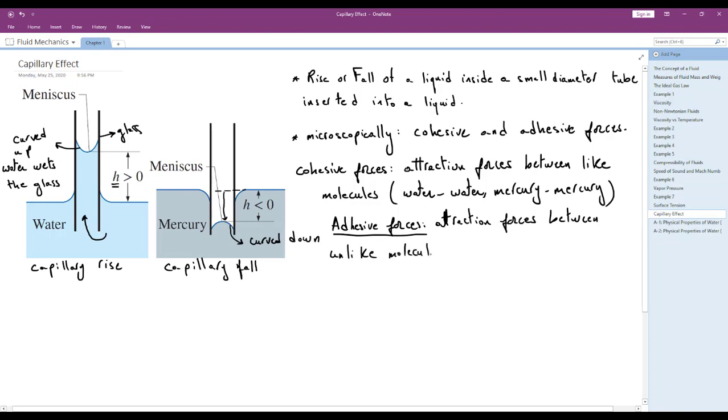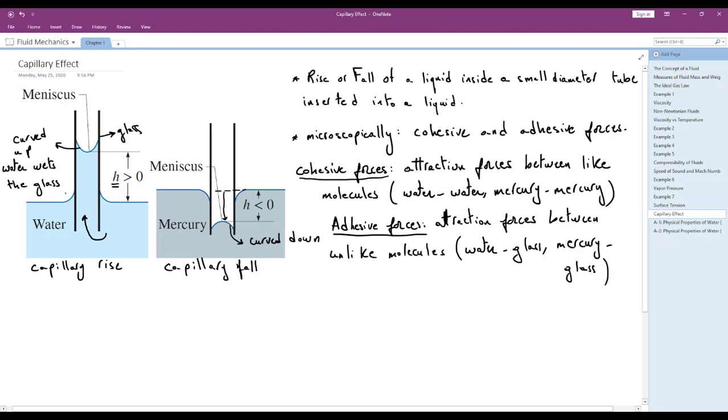For example, between molecules of water and molecules of glass, between molecules of mercury and molecules of glass. So the relative magnitudes of the cohesive and adhesive forces determine whether the liquid will wet the surface or not.